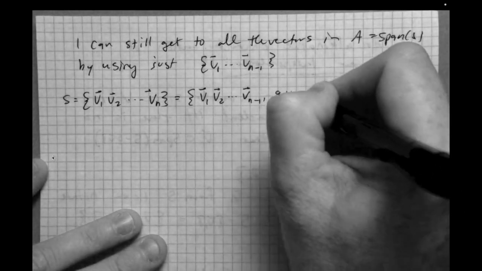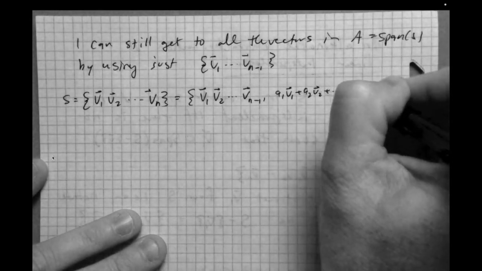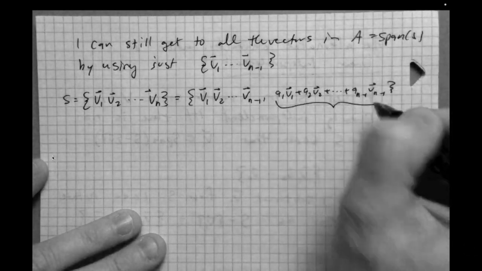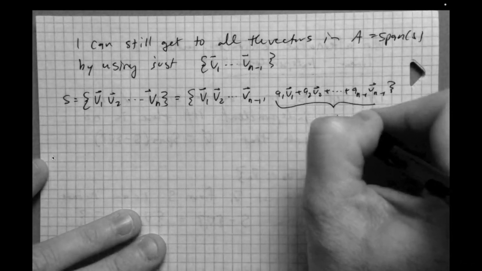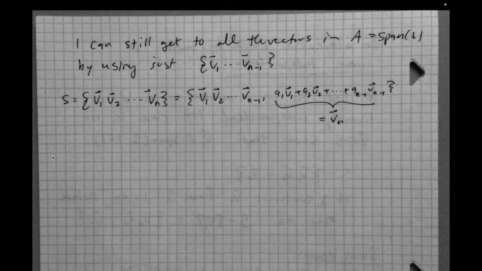So like A1 V1 plus A2 V2 plus ... plus An minus 1 Vn minus 1. So this guy here that's just Vn, it doesn't need to be in S to still have the span of S be the same.